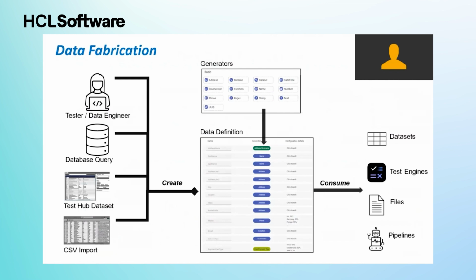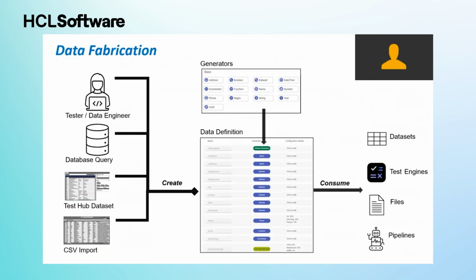Maybe you have some test engines where you're running some UI tests or some performance tests or some API tests. And in the DevOps Test Hub, you can directly integrate this test data into those test engines, and you'll see that in the demo. And then lastly, you might have pipelines.